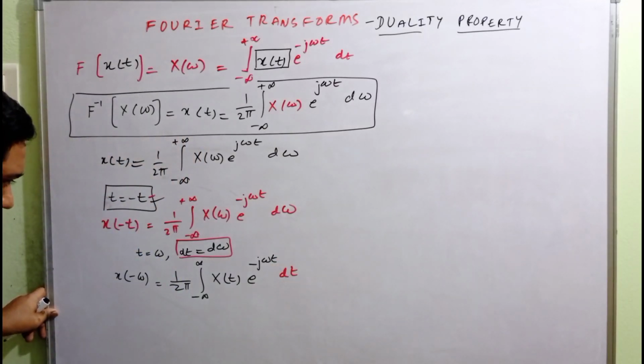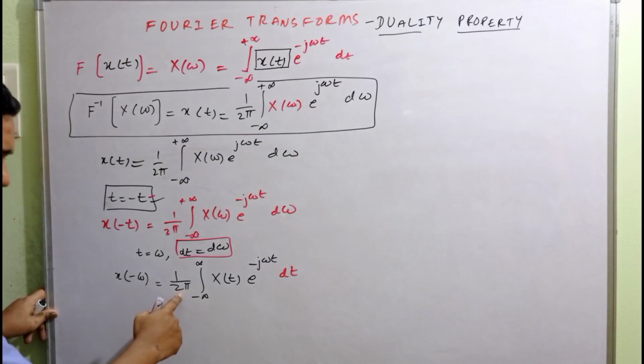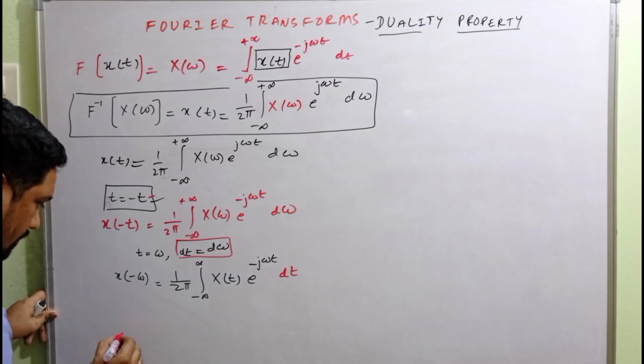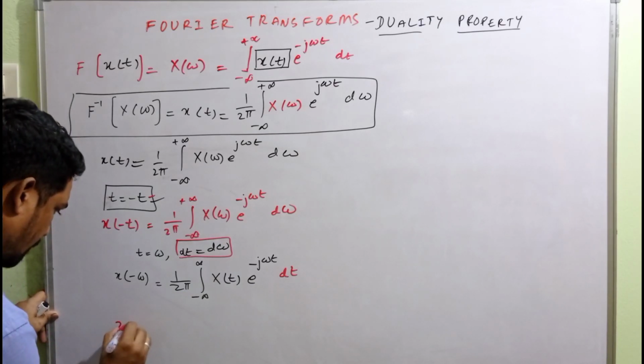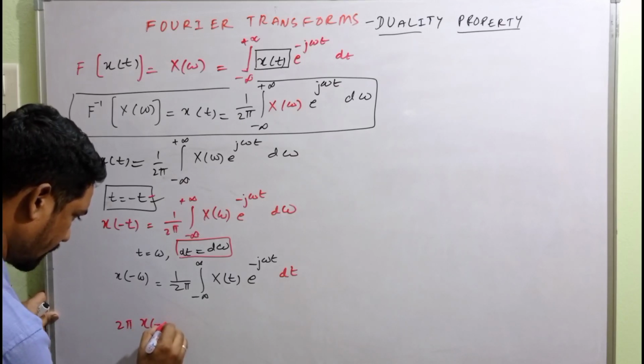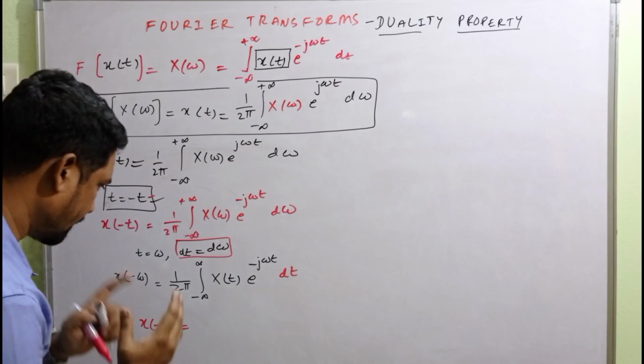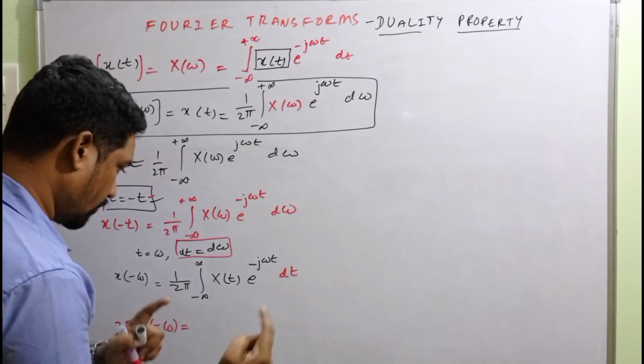And if this is the case, can we write it like this? It's dividing over this side, going that side, it will be multiplying. So can this be written as 2 pi into x of minus omega will be equal to, here I need your attention, more attention.